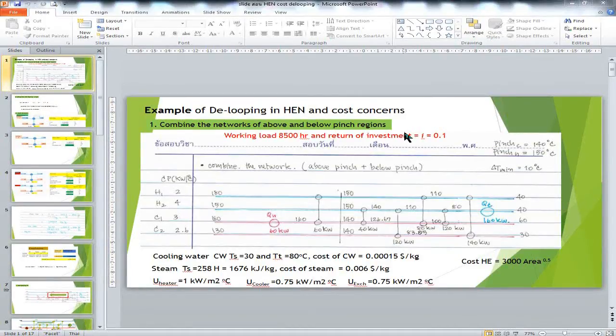Hello everyone, and now I would like to continue from the previous lecture. From the previous lecture, what we did is to find out the network above the pinch and below the pinch.